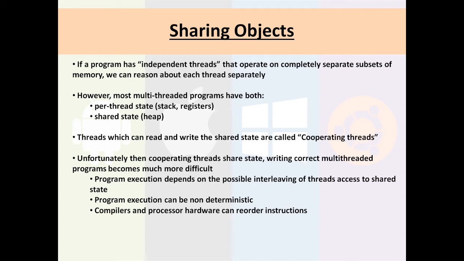Well, the ordering in which these two things occurred might change the output of your program. And because of that, program execution can become non-deterministic, meaning that we can't predict exactly what the output is going to be every single time. And additionally, compilers and processors, or the processor hardware, can actually reorder instructions within a program.